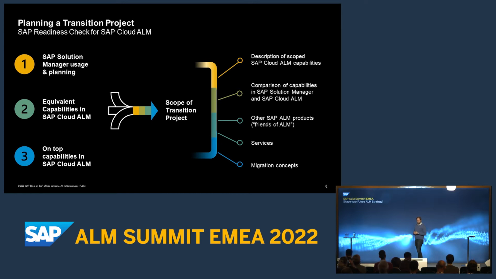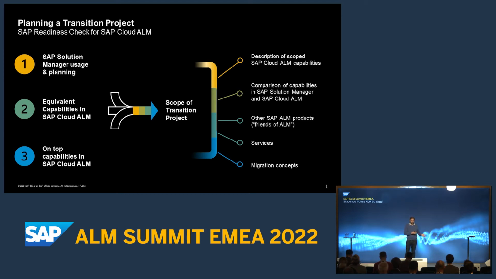We always refer here to equivalent capabilities because, as we know, SAP Cloud ALM is not a successor product, but at the end aims to fulfill the same ALM processes. So we provide a mapping, and next to this mapping, we also provide additional information. For example, what is the delivery status? Is this capability already available?